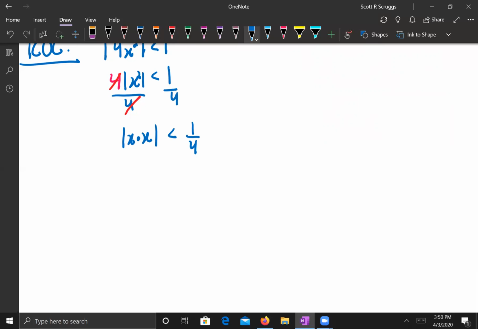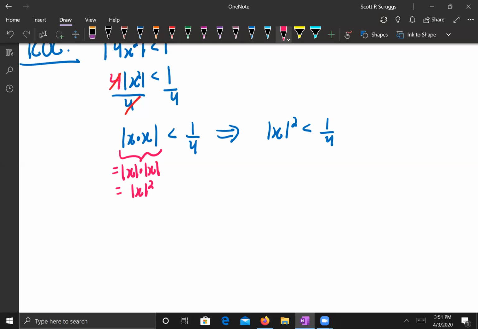So I can use my property of absolute values that says absolute value of a product of two numbers is the same as taking the absolute value of each number and then taking their product. So I could rewrite that as absolute value of x times the absolute value of x, or absolute value of x, all of that squared. So I now have absolute value of x squared less than 1/4.